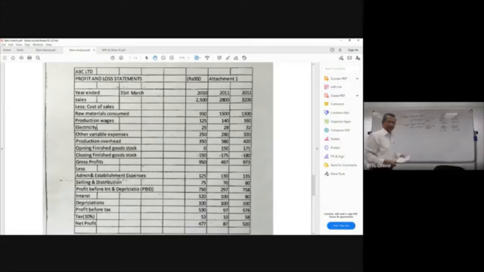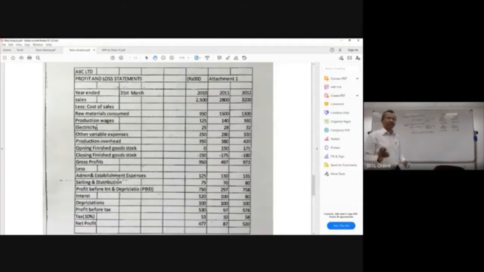The next one is return on capital employed, called ROCE. The ratio is net profit plus tax plus interest on term loans, divided by capital employed.